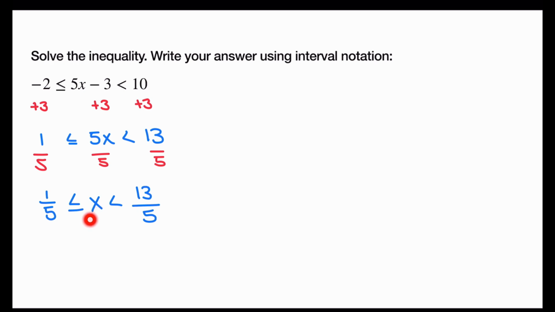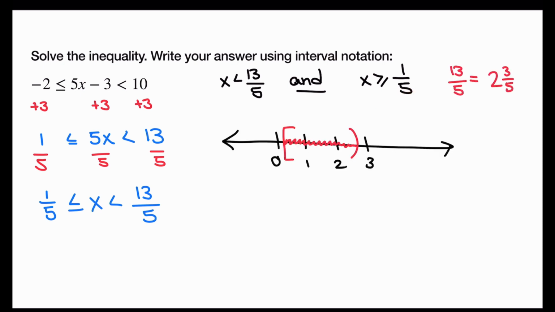This is telling me that x is bigger than 1/5, but smaller than 13/5. X lies between those two values. In other words, x is less than 13/5 and x is bigger than or equal to 1/5.